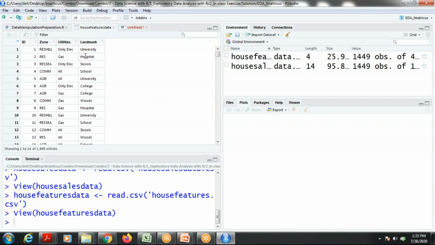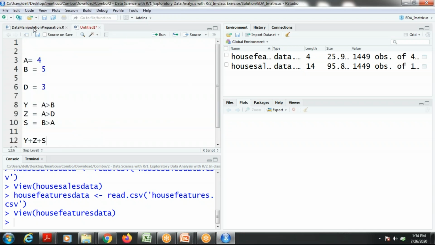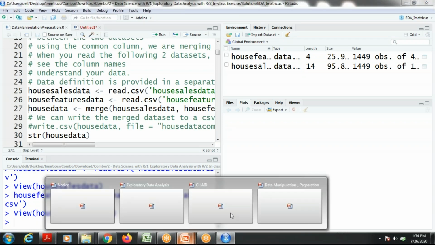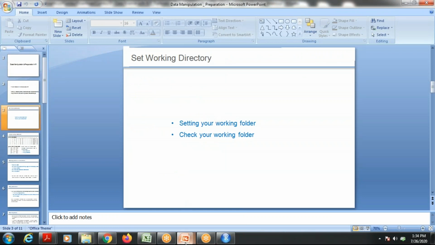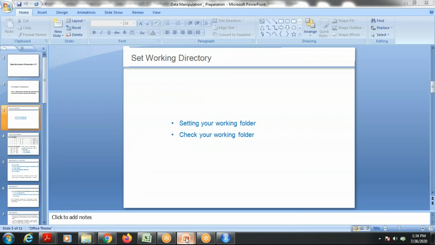That is, whether there is any landmark, like a university near, a hospital near, or a school near, likewise. So these are some features given for your house data. Got it? So we have two sets of data given to us. Now, let me close all previous slides because they are unnecessary and creating some issues.